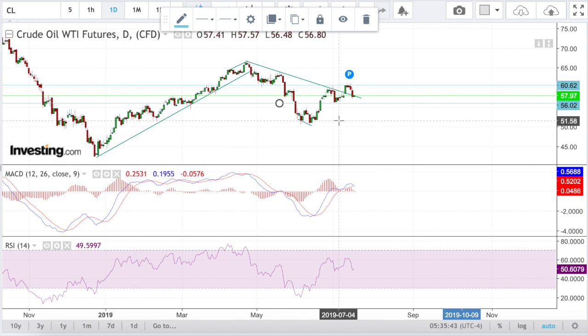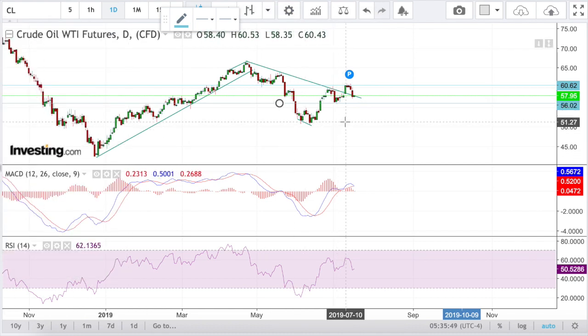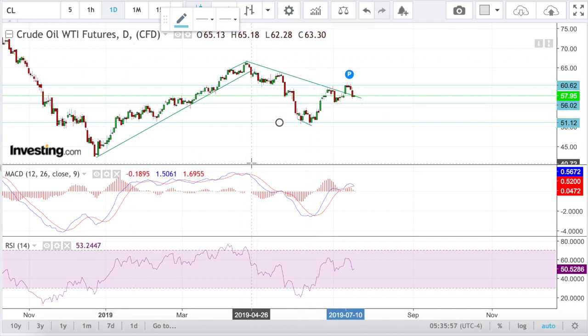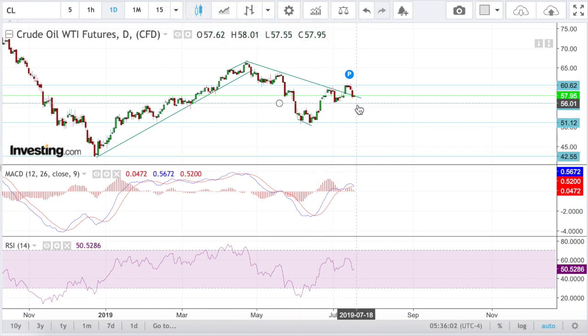So the next stop under right here is this. So under us we have two support levels. This 51 level right here, you can see a few reactions. That's actually a good support level. And one right here. So if we start breaking down here, next stop here, and then next stop here.